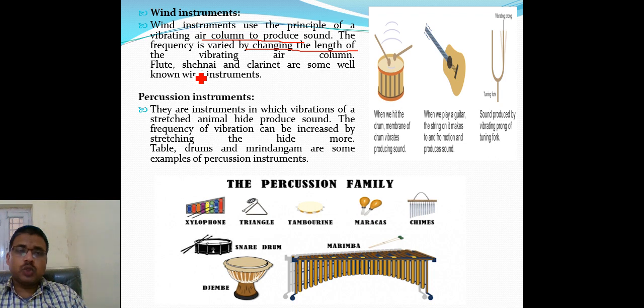Now here, the percussion instrument. When we talk about any musical instrument in which there should be a strike, and when we strike these musical instruments on a different object, what happens here is that the vibrations go inside this hollow, and here you can see some threads are also joined.